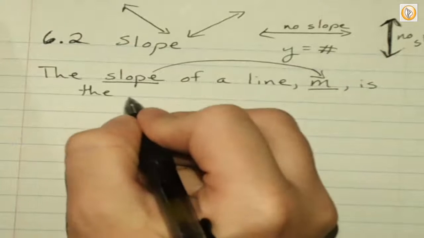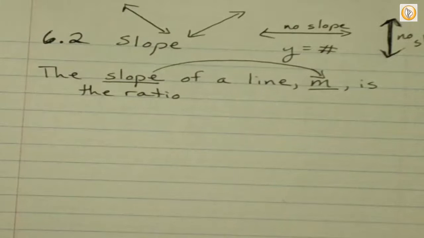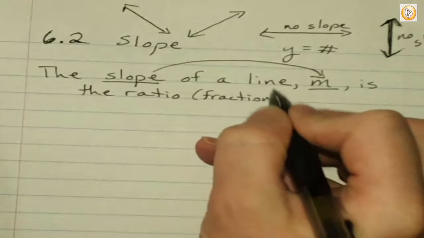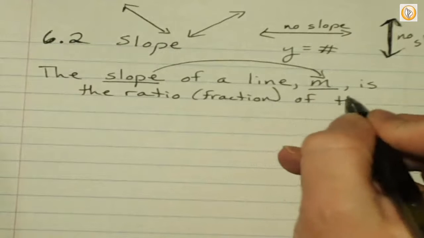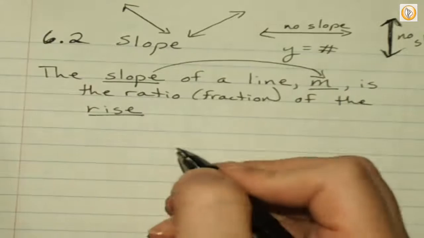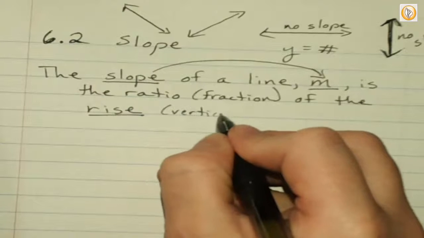It is the ratio. What does a ratio look like? Taylor? A fraction. Yep. And y'all probably remember that it is the ratio of the rise to the corresponding run. Remember, rise goes on top. That's your vertical change.